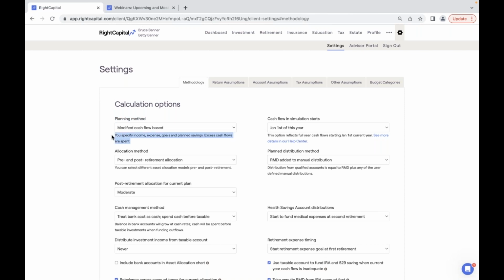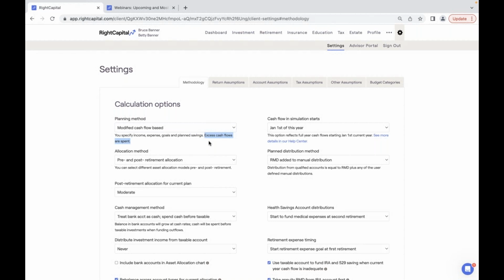So just as a reminder, Right Capital allows you to choose between two different types of cash flow planning. Cash flow based, which actually saves and reinvests all excess income into a taxable account, versus the modified cash flow based plan, which again assumes that any excess cash flows are spent off and ignored.